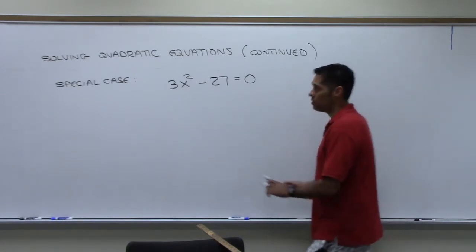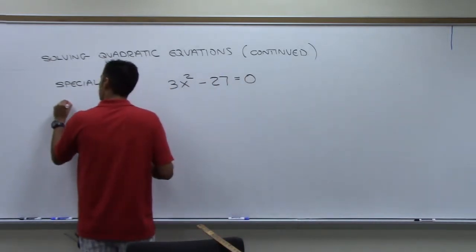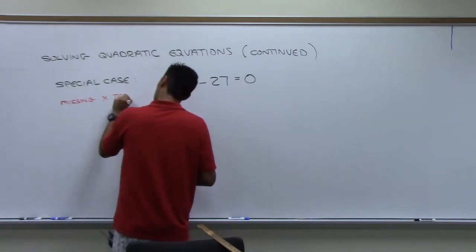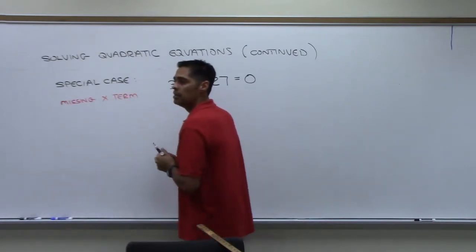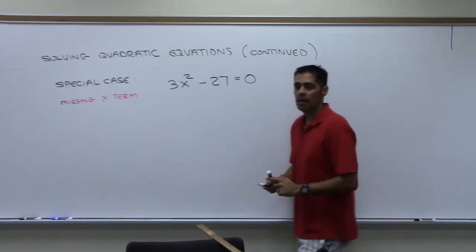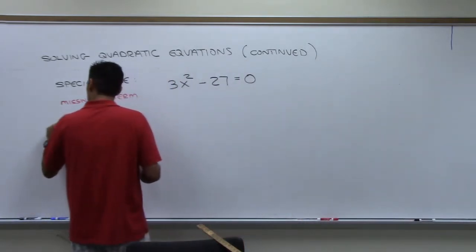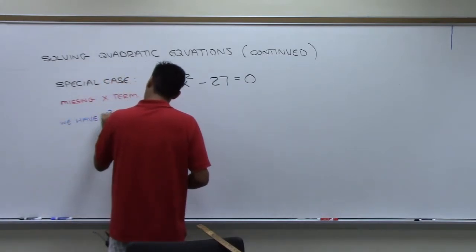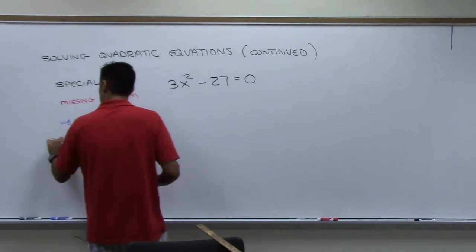So this is the special case. We're missing the x term, and we just have the x squared term and the constant.